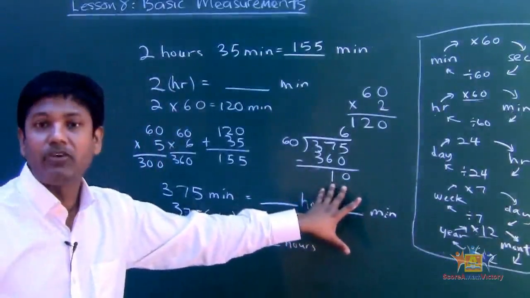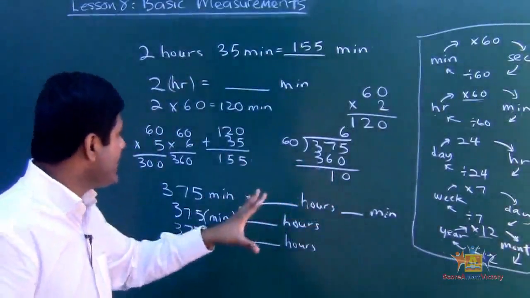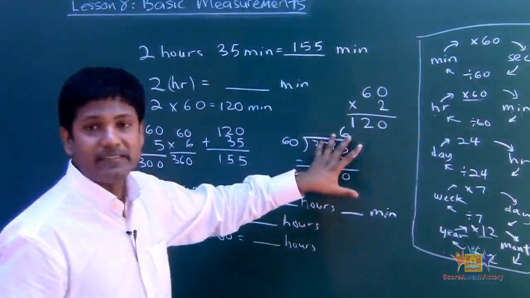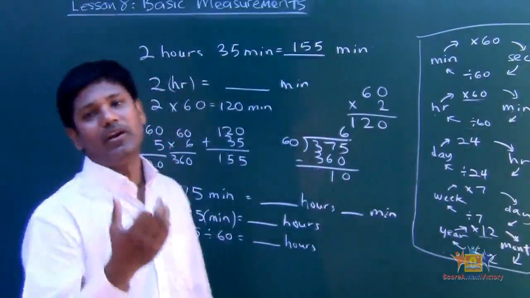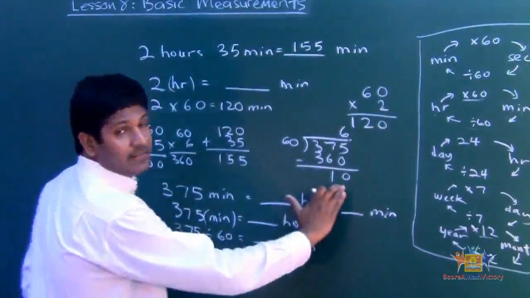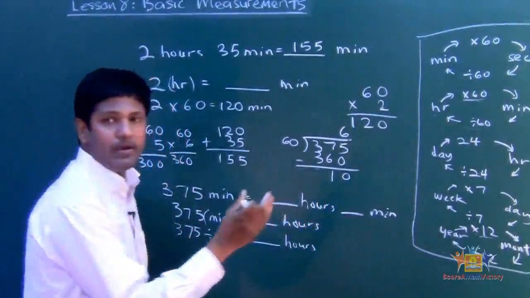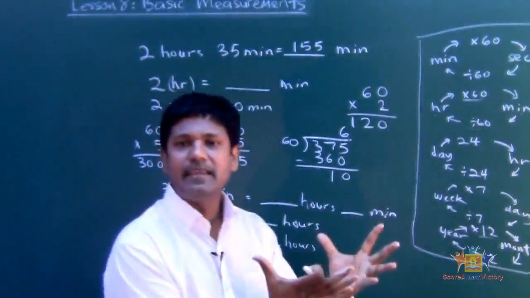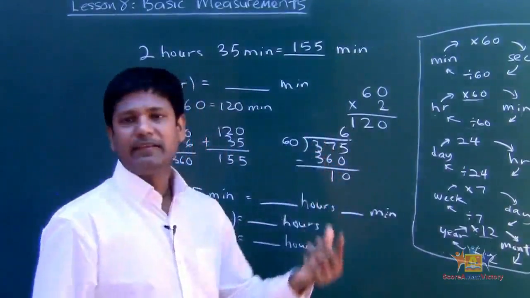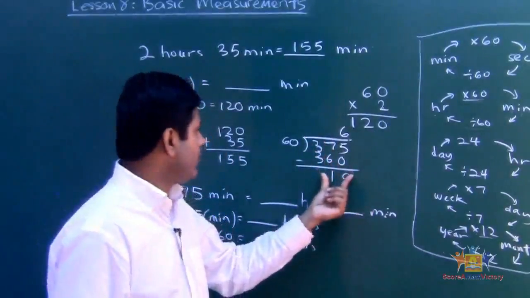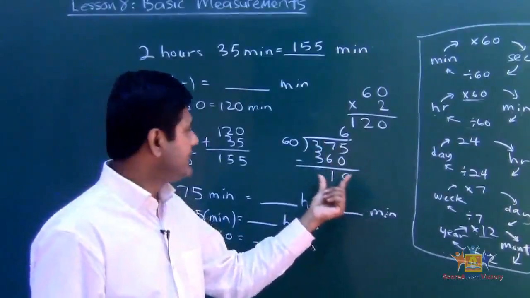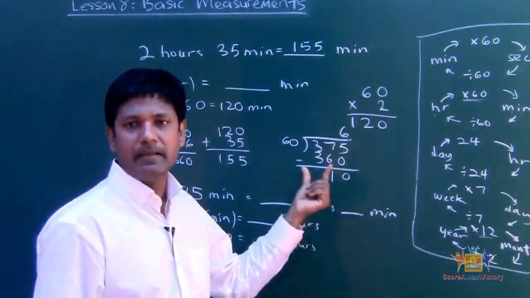This is my balance or remainder, which would be the minutes. The quotient, which is the 6, is going to be my hours. Okay, because I cannot divide this anymore. See that? Now remember, when you get less than 60, that's it. You keep it as the unit it belongs to, which is 60. In this case, less than 60, which means I'm going to keep it as minutes.